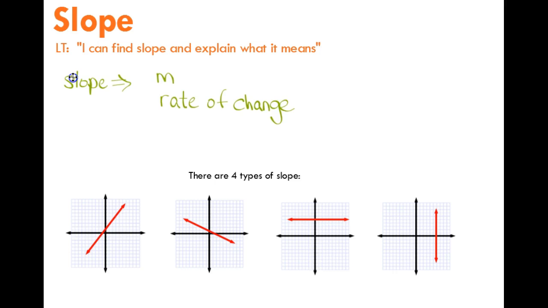Just like a car goes a certain number of miles per hour, you can graph that and it looks like a slope. It's a rate of change. And then we also have something called change in y. It can be a little symbol. That symbol is called delta.